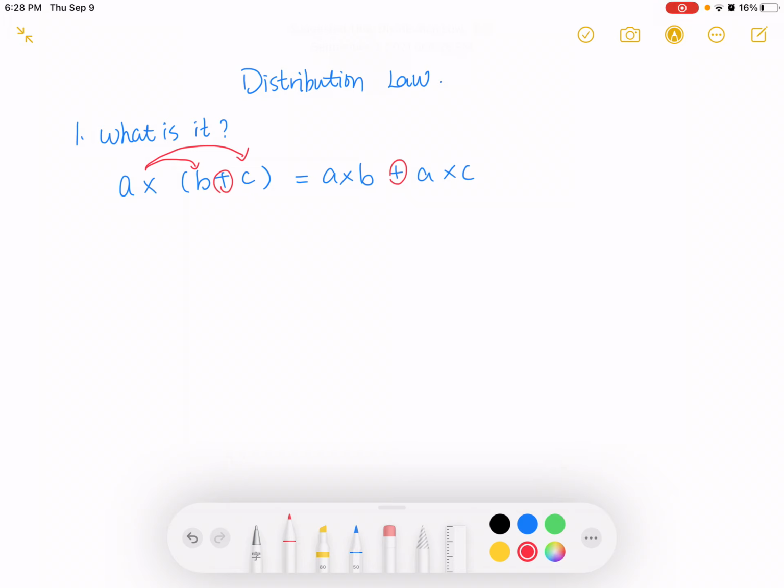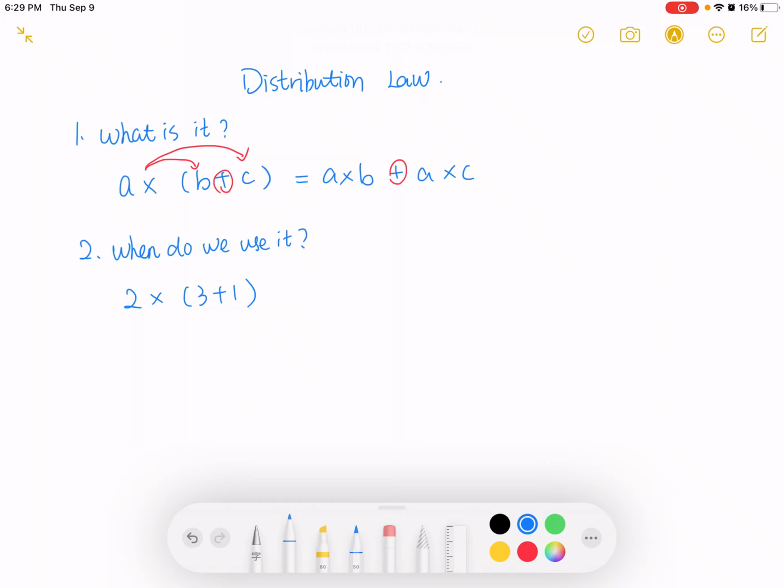And then one common question I got is, when does it work? When do we use it? Let's use one specific example. Let's say we have 2 times (3 plus 1). Do we do distribution? Well, you could distribute 2 to the 3 and distribute 2 to the 1 and add them together.